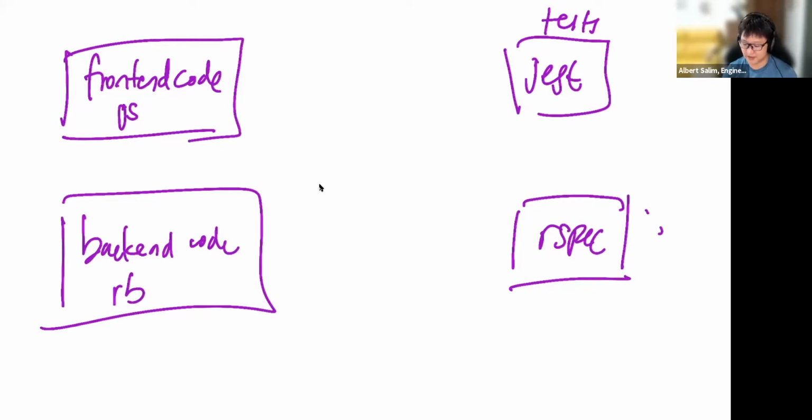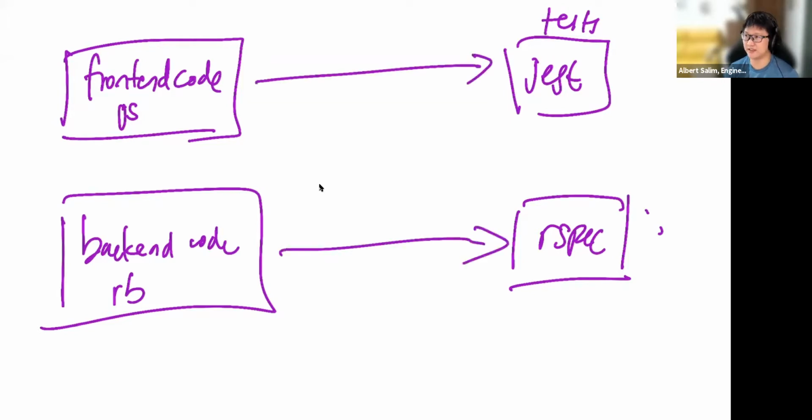So the question is, how do we link the two together? For the backend, we are using Crystal Ball. Crystal Ball tracks the code coverage of the tests and the source code, and with that, it does a reverse map and identifies what RSpec code needs to run for specific Ruby files.